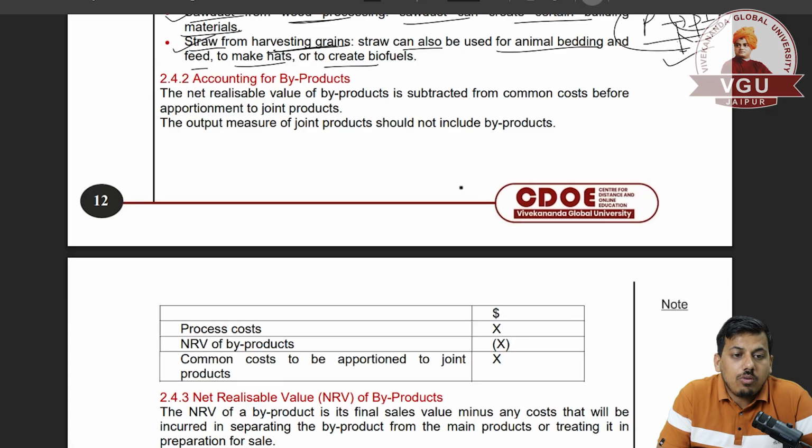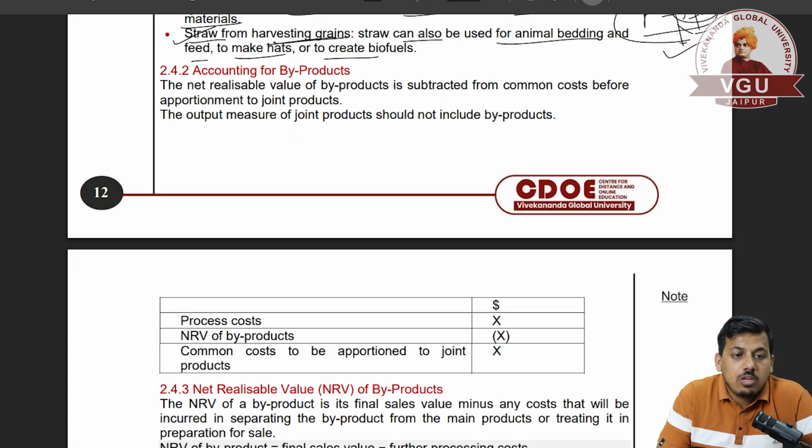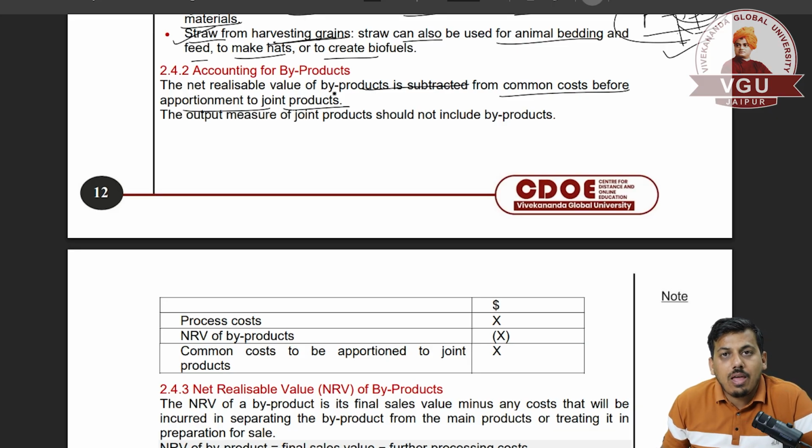Now, accounting of byproduct. The net realizable value of a byproduct is subtracted from common cost before apportionment to joint products. Any sales value we realize from byproducts will be deducted from the total cost.